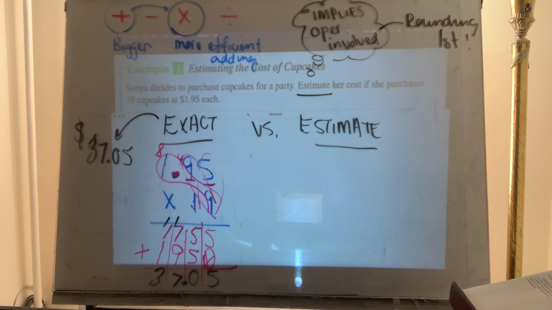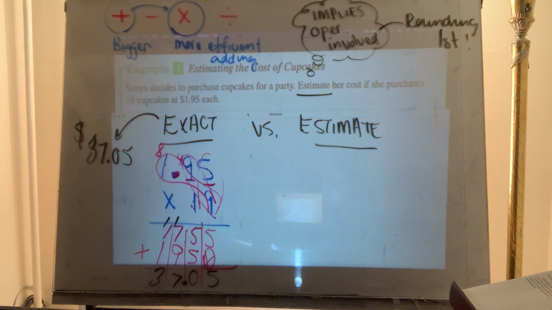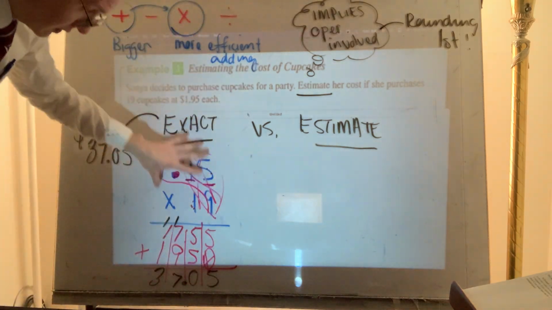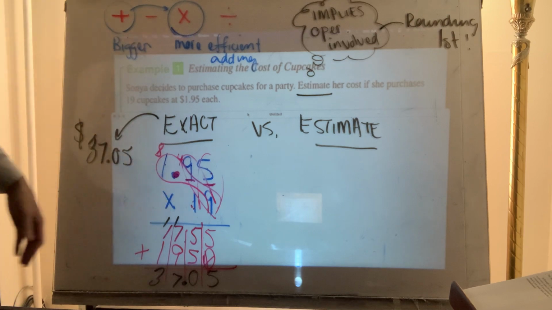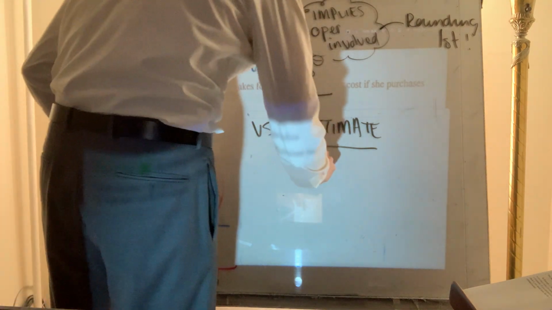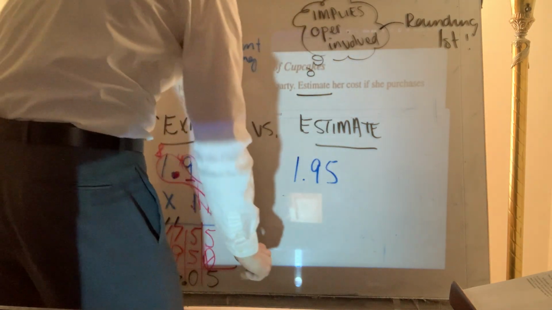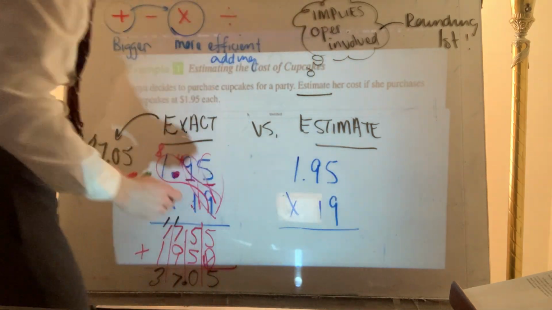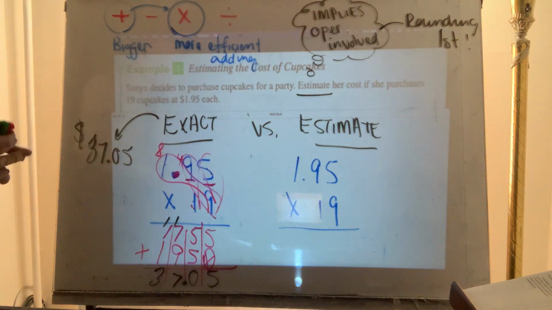Sorry about that. All right, the exact answer is $37.05, right? Now, an estimate is meant to get to the answer less arduously, right? As you can see, this can be quite complicated and sloppy if not on paper, right? So, unless they specify to which place you're going to round to, you have the intellectual freedom to decide for yourself, right?